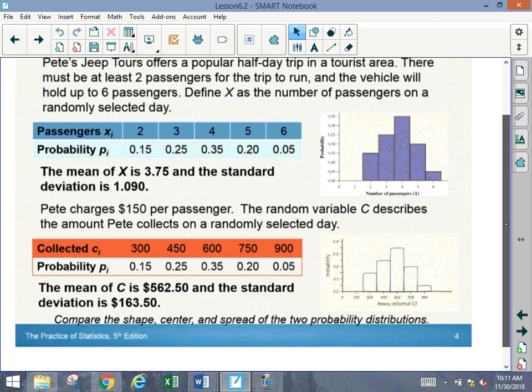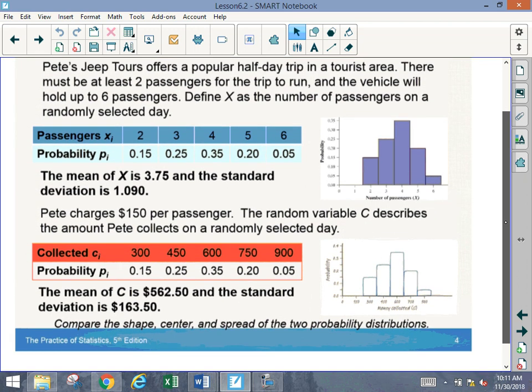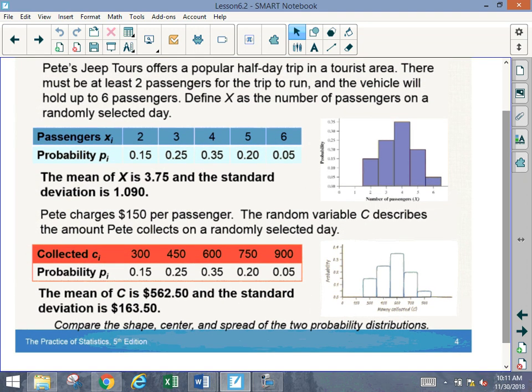Okay, so Pete charges $150 per passenger. The random variable C is the amount Pete collects, so his gross on a randomly selected day.